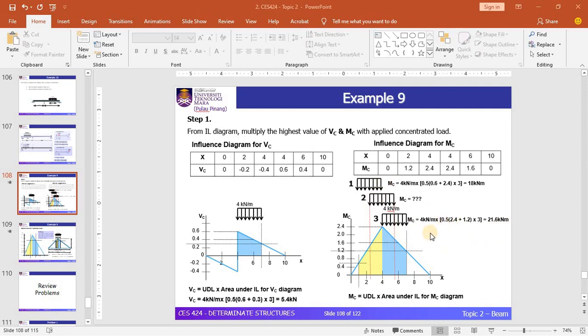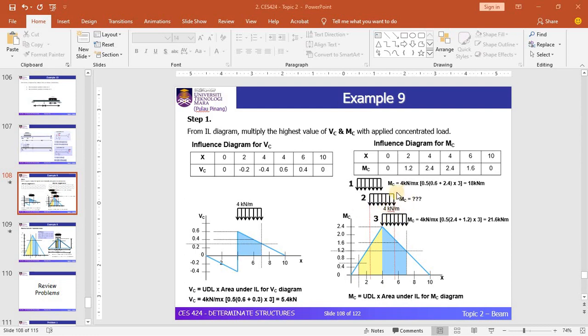Okay, so how about the second possibility? We know that 18 is for the first possibility. The third possibility gives 21.6. So we need to compare all these values and choose the highest one. The highest one will be the answer for the maximum positive moment for the problem.